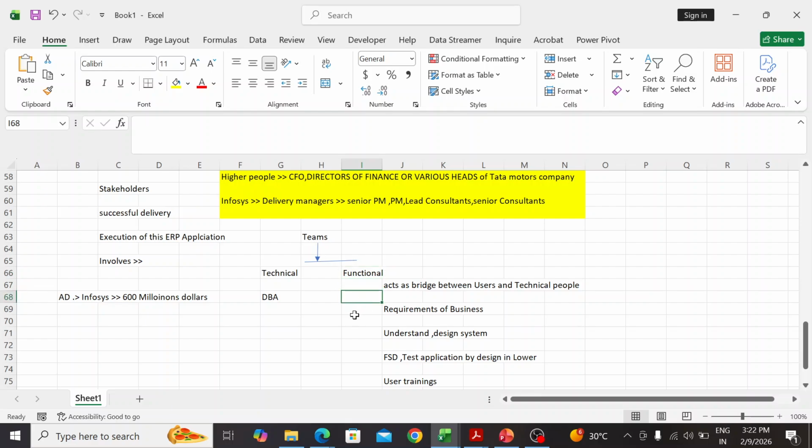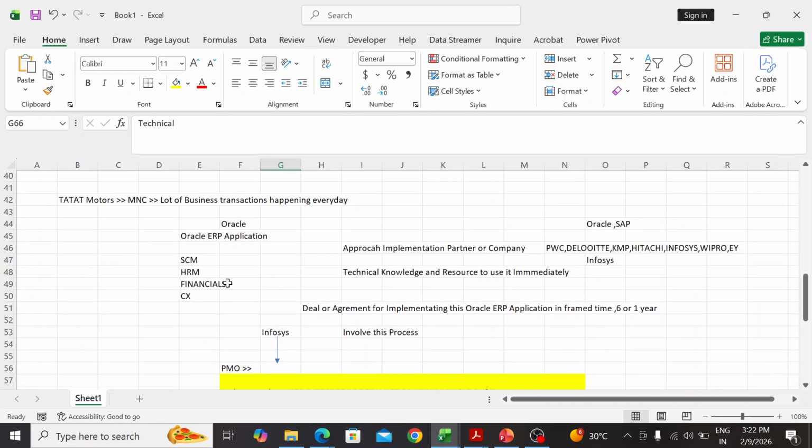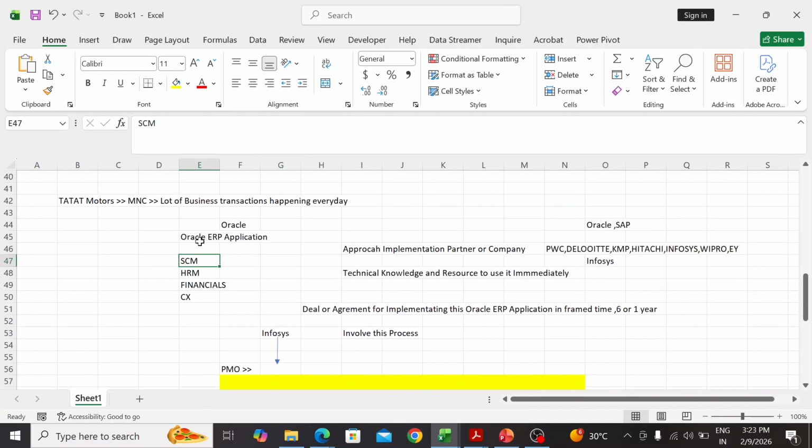Moreover, predominantly functional consultants take up more responsibility, and they will own the application after the technical issues are done by the technical consultants.